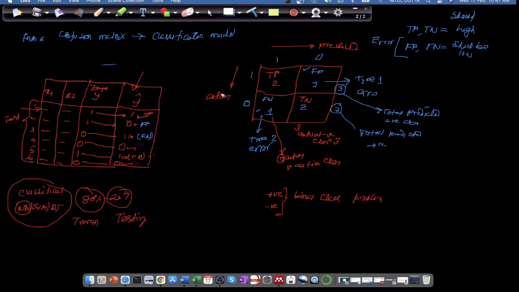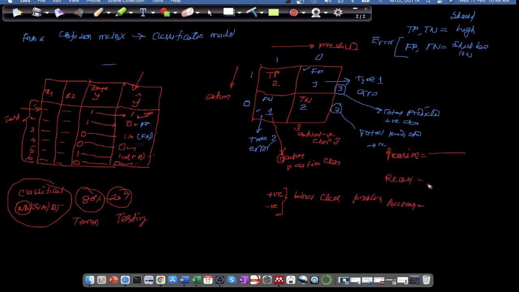From the confusion matrix you can calculate a few things: precision, recall and accuracy.